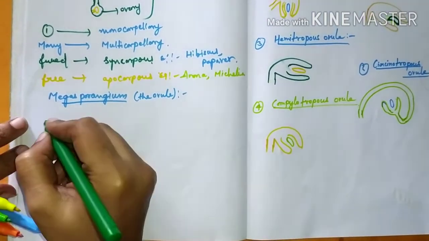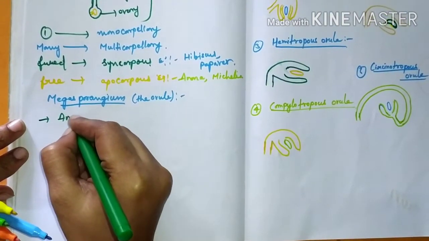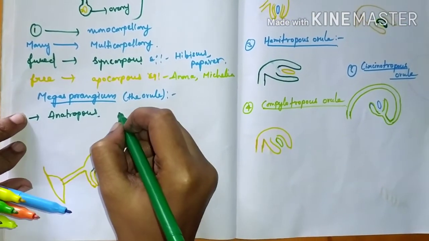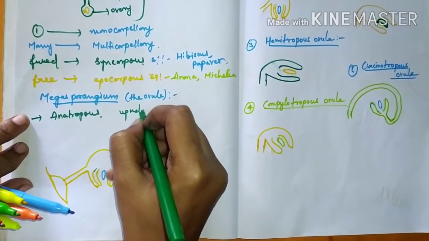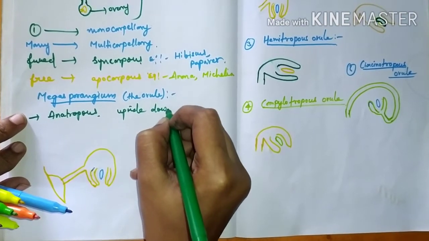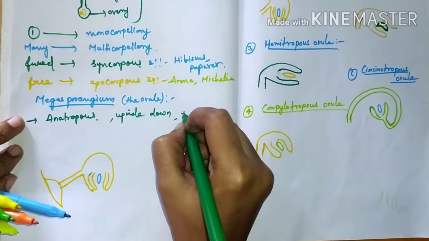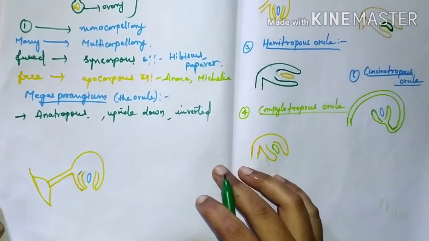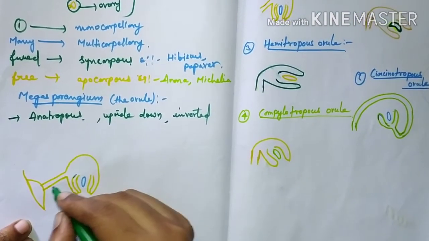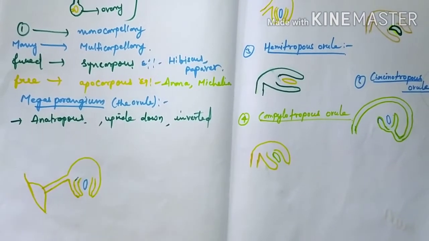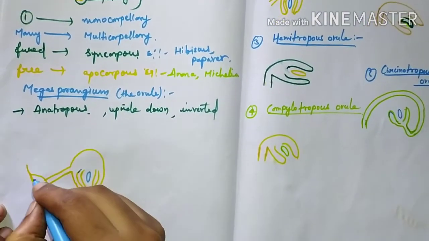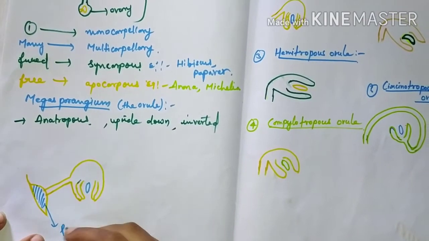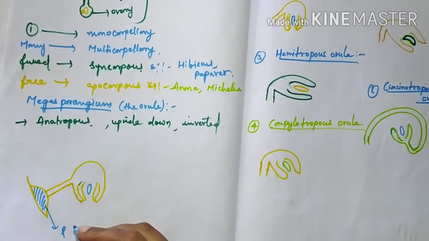So friends, this is the anatropous ovule, which is upside down and inverted. The body of the ovule is a small structure, and this is the placenta, from which the body arises.